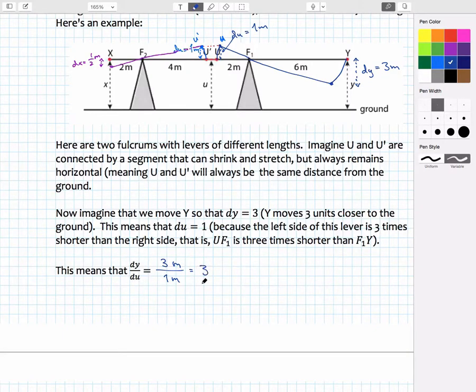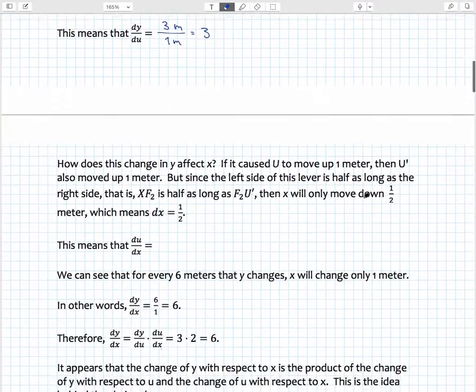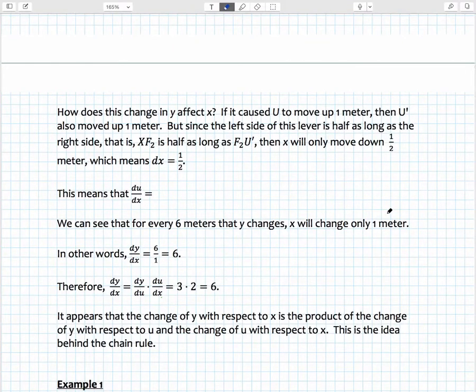So the change in y with respect to change in u is 3. Now, what we just talked about was that same change in U caused a change in X. That change in U was still 1 meter, but it caused a change in X of only 1/2 meter. So we could say that the change in U with respect to X is 1 over 1/2, which is 2.